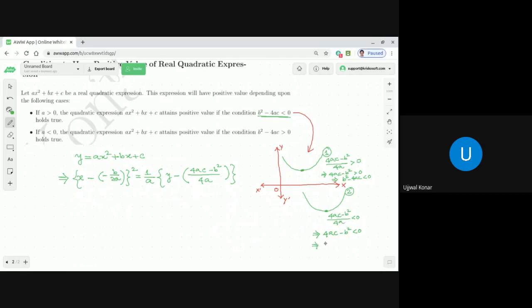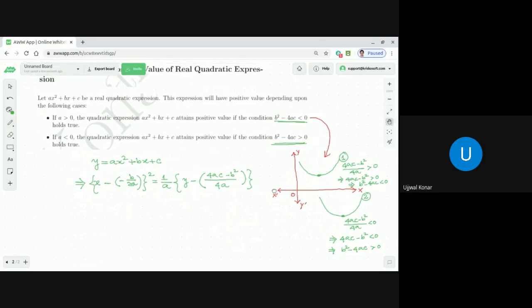That implies b square minus 4ac is greater than 0, and this is what is written here. So you need to remember these 2 points from the statement I have written. But that memorization will be very meaningful if you can make a mind map with this graph that I have drawn on the right hand side. Correct or not, dear students?